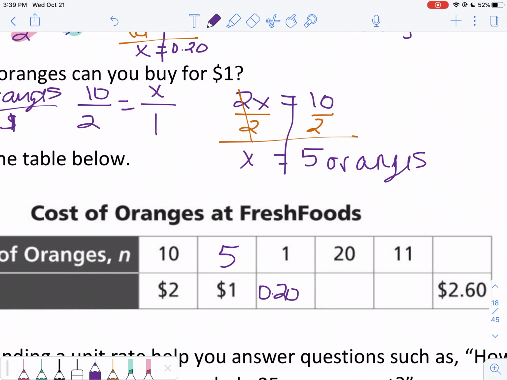So 20 oranges would cost $4. 11 oranges would cost $2.20. And then $2.60 is how many oranges? That's 13.